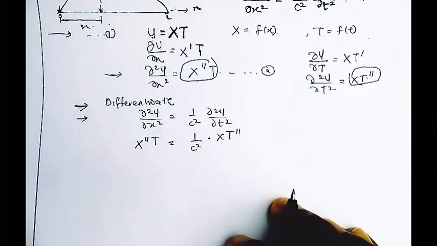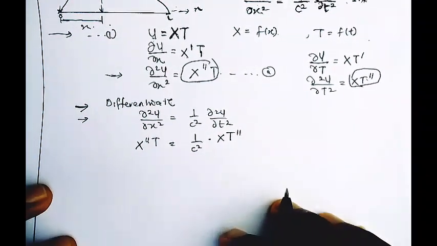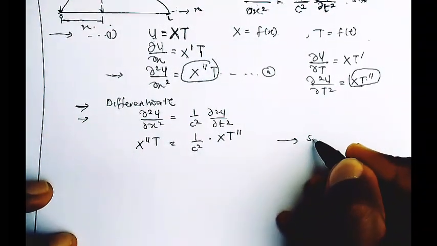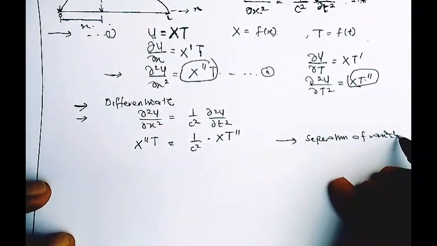So now, this is where we apply separation of variable. What are we trying to do here? We are going to separate the function of x for x and the function of t for t, which we call separation of variable. This is how we solve this PDE.